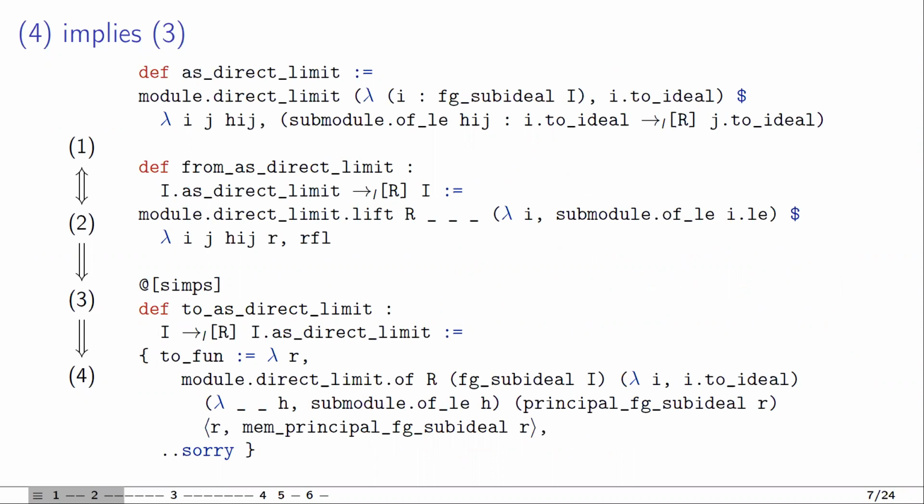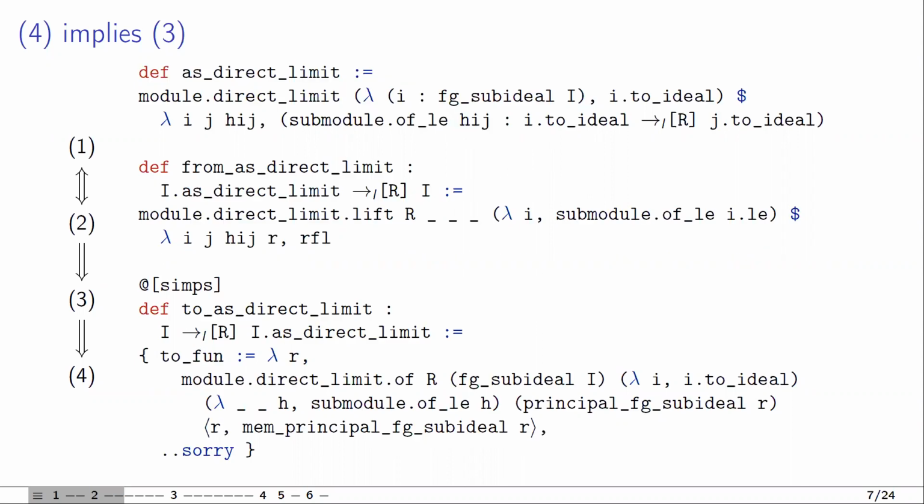So the direct limit is just over all the finitely generated sub-ideals of I, if you just take I as an ideal, and this lambda_ij is just to prove that this respects the ordering.